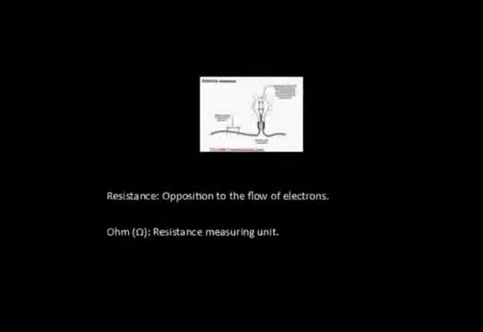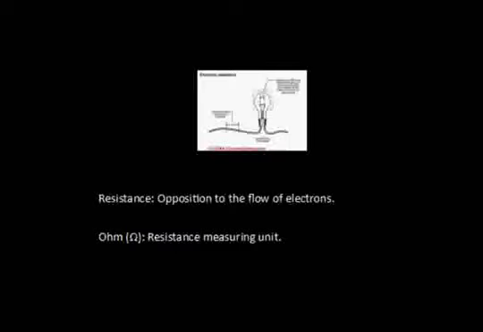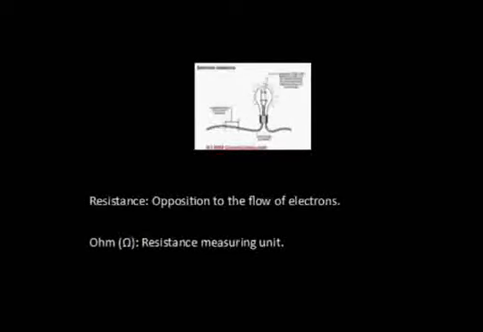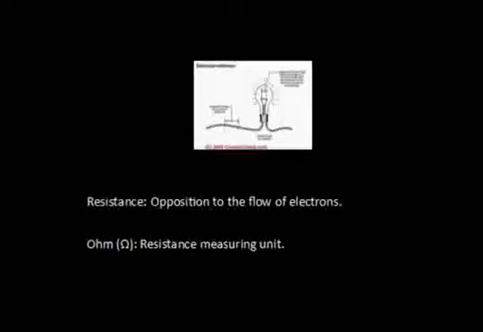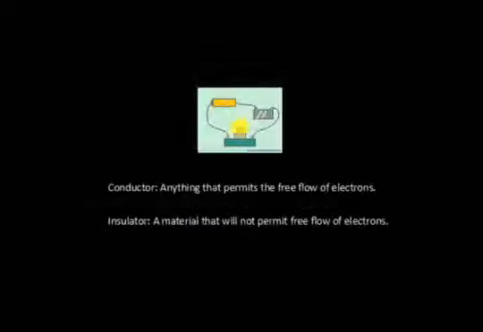Resistance. All electrical circuits have resistance. Resistance is the opposition of the flow of electrons. Resistance is measured in ohms, and the electrical symbol for ohm is the Greek letter omega. The resistance values of elements and compounds differ according to the atomic structure of the material. A good conductor of electricity is anything that permits the free flow of electrons.